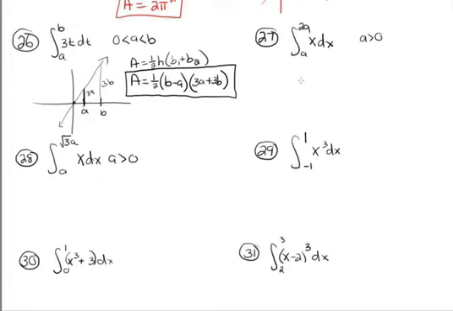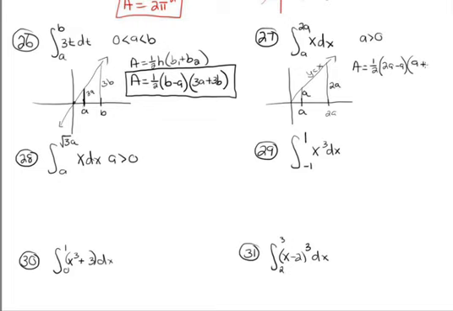So continuing, I have the picture of y equals x again, from a, which is bigger than 0, to 2a, which would mean it's bigger than a. And so I have another trapezoid. So area equals 1/2 the height, which is 2a minus a, times base 1 plus base 2. Base 1 is a, because I plug a into y equals x, and I get a, and I plug in 2a and I get 2a.